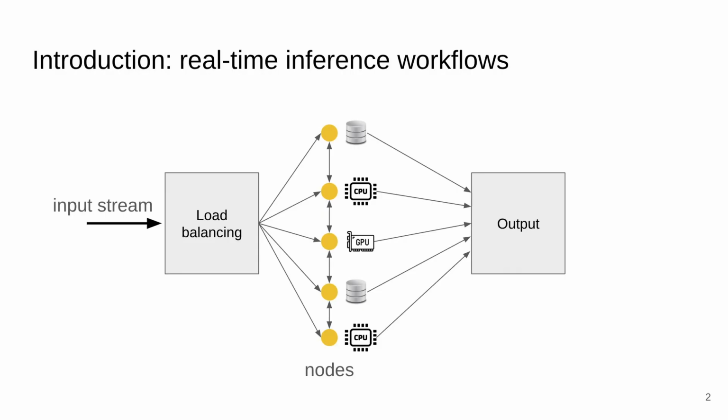So this is a very general representation of how an application of this type is deployed in practice. Usually there's an input stream of data. Then there's always some kind of load balancing that is going to spray the data objects to be stored and the requests to be processed.